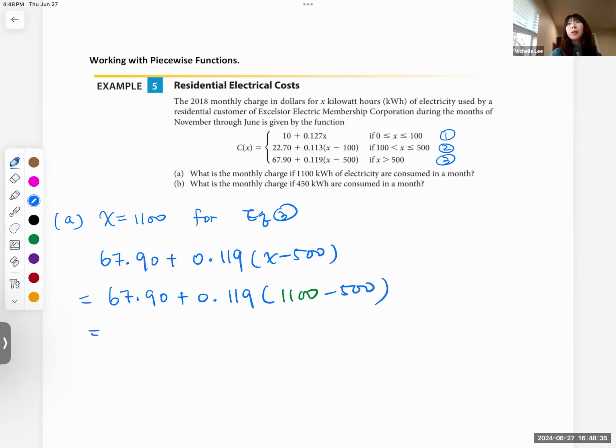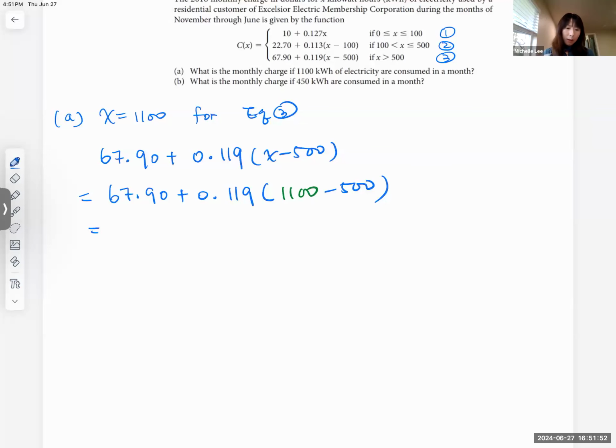If we calculate, okay, then we get 67.90 plus 0.119, and inside we have 600. Then we calculate, 71.4.